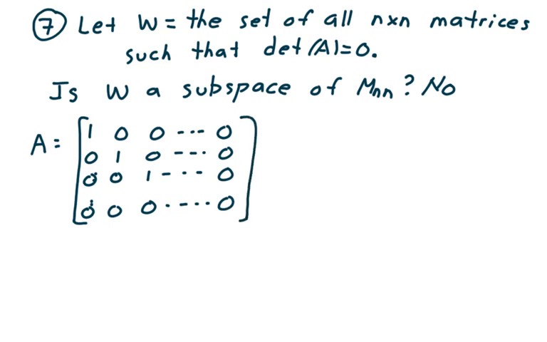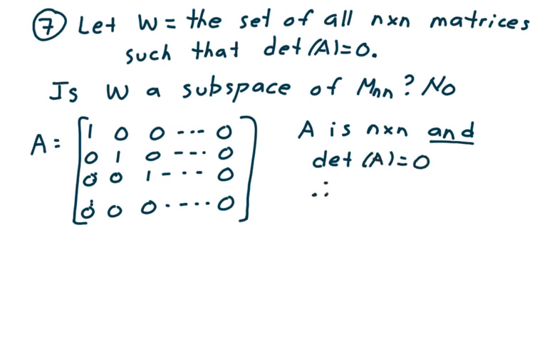Now, A is both an upper and lower triangular matrix. Notice, A is n by n, and if I take the determinant of A, you get 0.